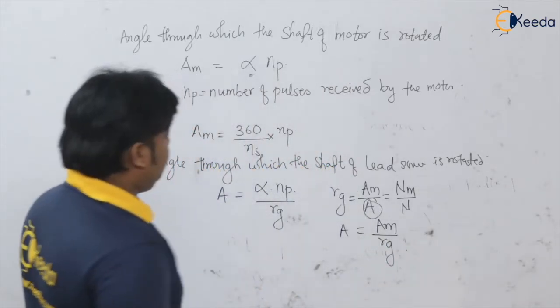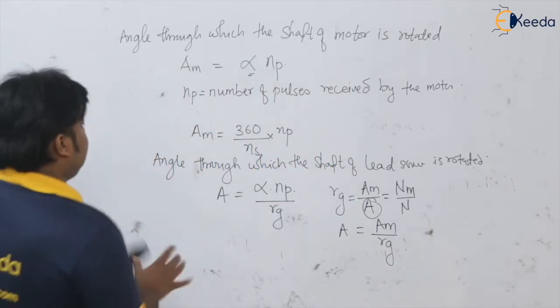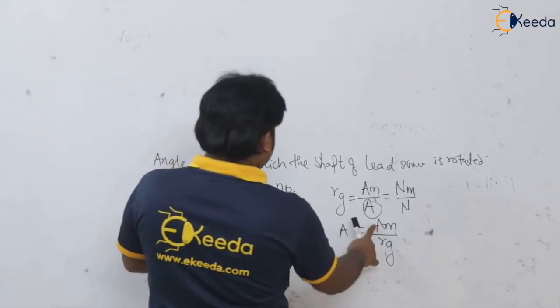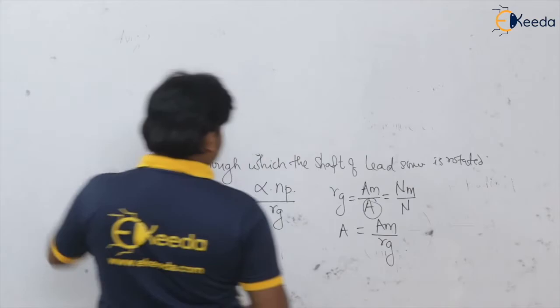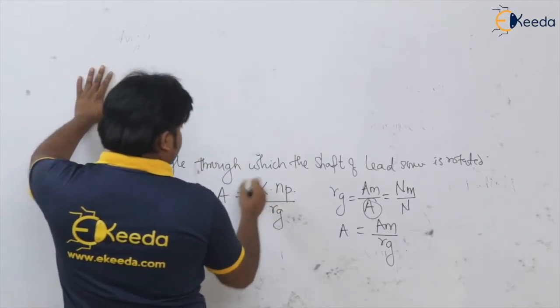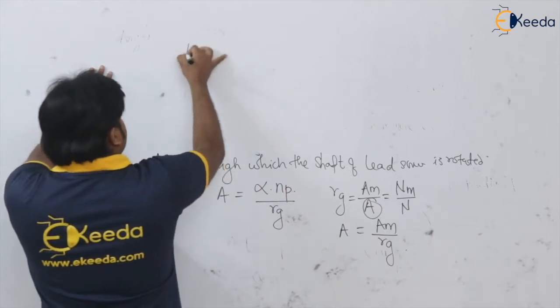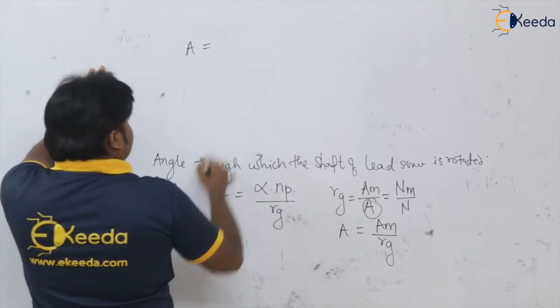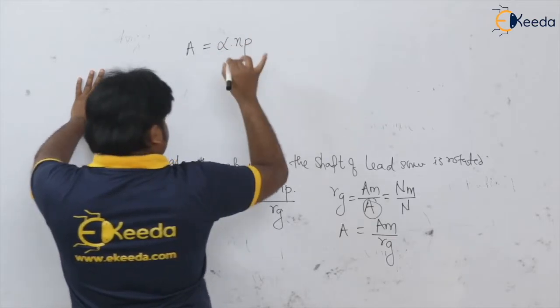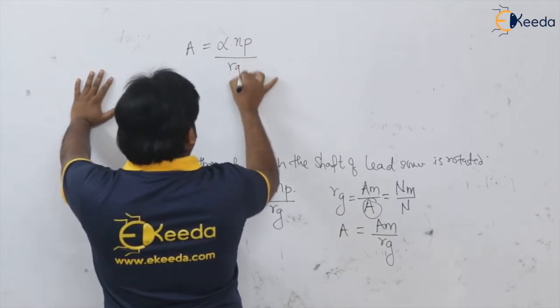If I solve for this, A is equal to AM divided by RG, and we have solved that AM is alpha into NP, so A is equal to alpha into NP divided by RG.